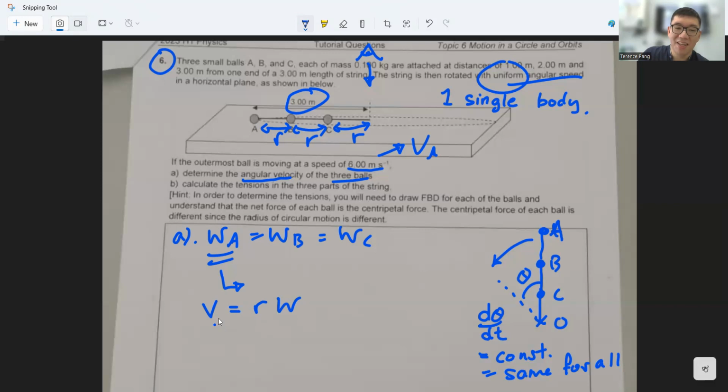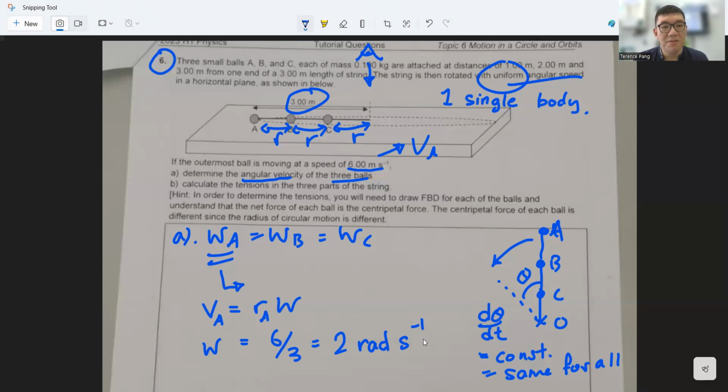V equals R omega. Okay? So straight away you can put the numbers inside. It's all substitution. Then you will have 2 radians per second. It's important to take note that angular velocity is in radians per second, and always check for SI units. All these are in meters per second, so we are good. There's no need to convert. And that's how you do it for A.